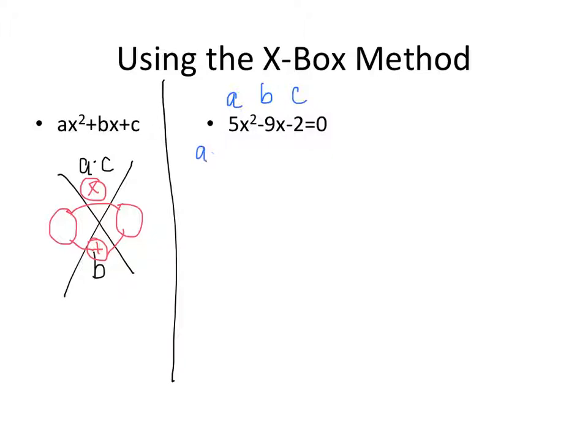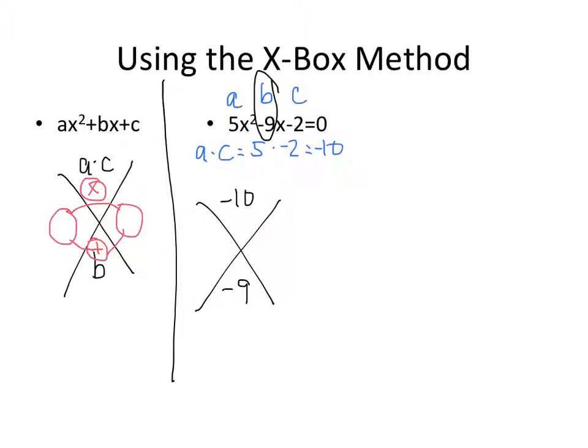So a times c is 5 times negative 2, that's negative 10. So if we were to set up our x box, we know that there's that negative 10, and then our b is pretty easy to spot. There's negative 9 for my b.